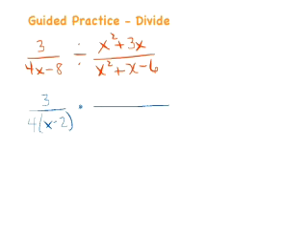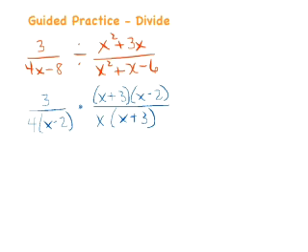And then I'm going to multiply by the reciprocal of my second. So that means I want the factors of x squared plus x minus 6 on top, which will be x plus 3 times x minus 2. And then the x squared plus 3x, those factors should go on the bottom, which will be x times x plus 3.